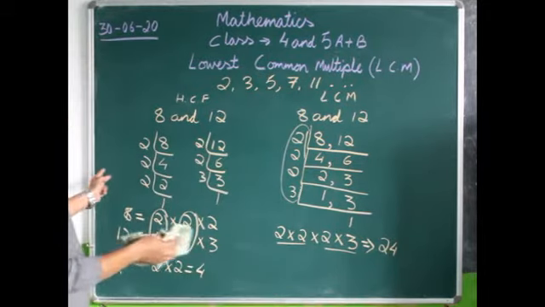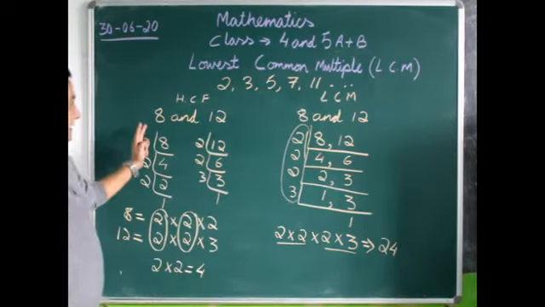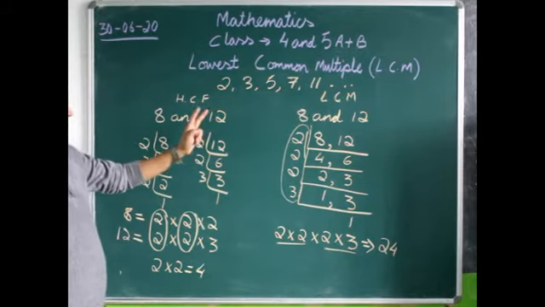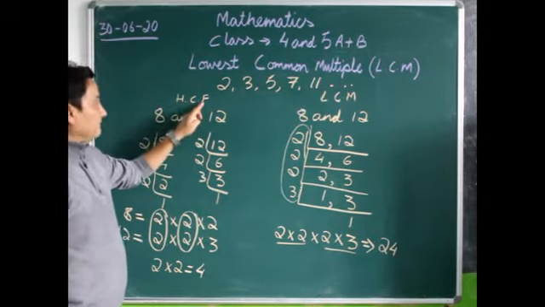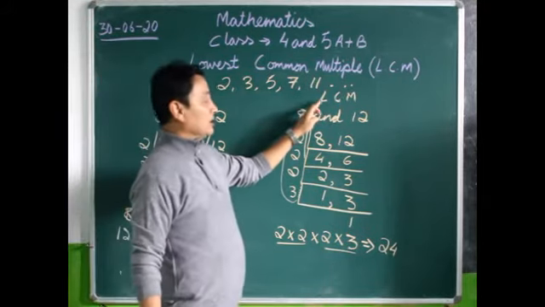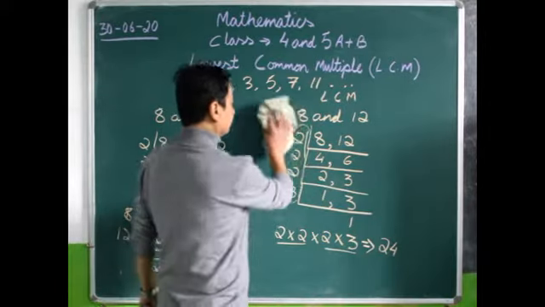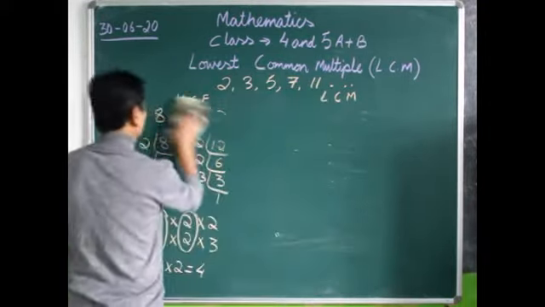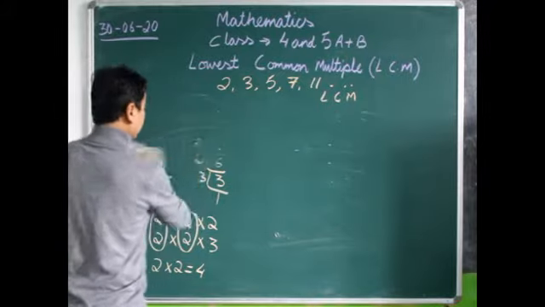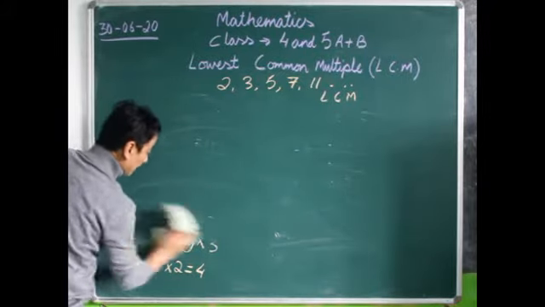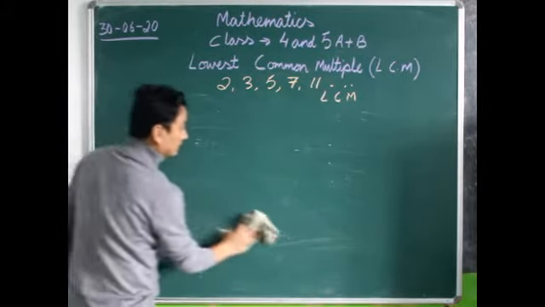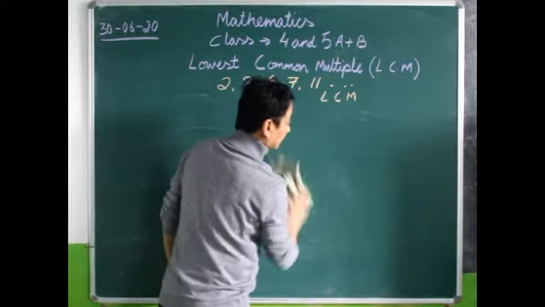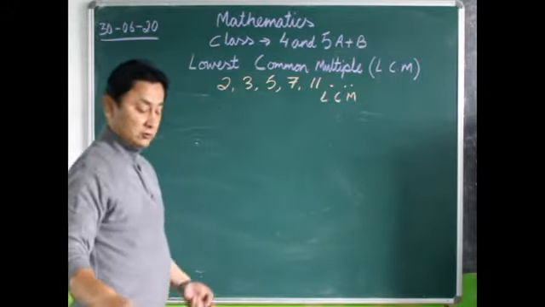I've already shown you the difference between HCF and LCM. HCF means highest common factor. LCM means lowest common multiple. But before we do more sums, let me show you what both of them mean. So in one we got HCF 4, in the other we got LCM 24.